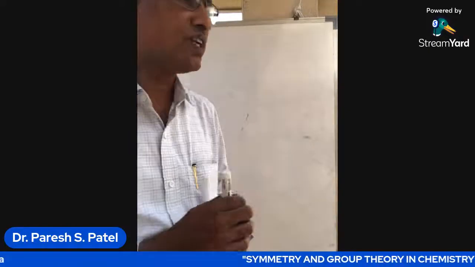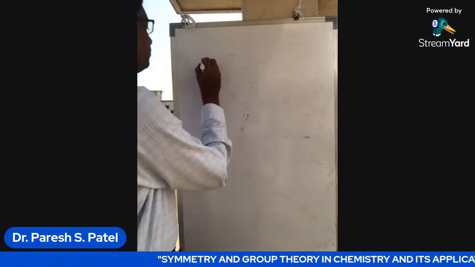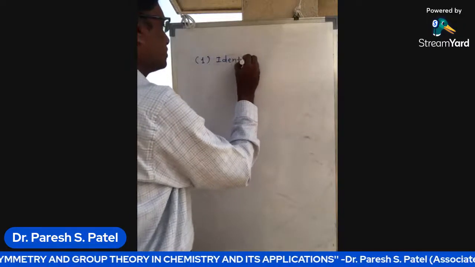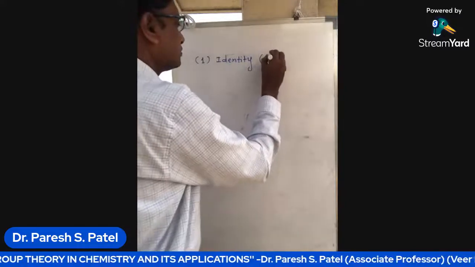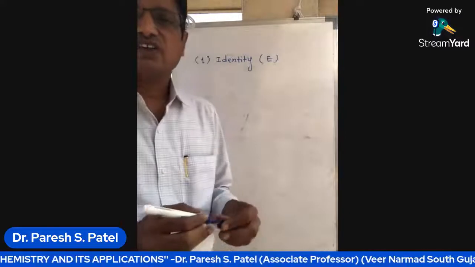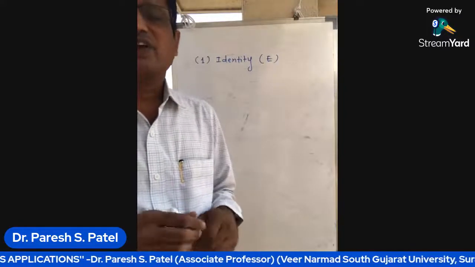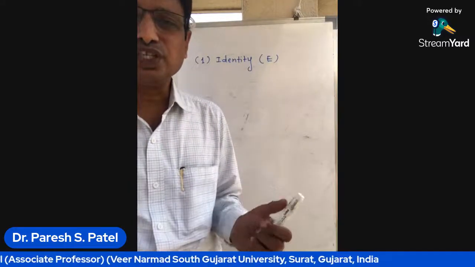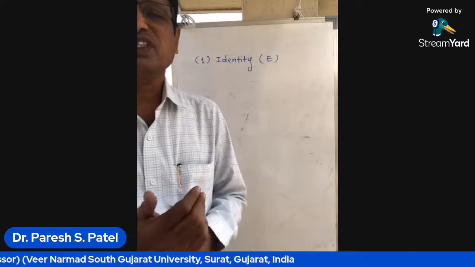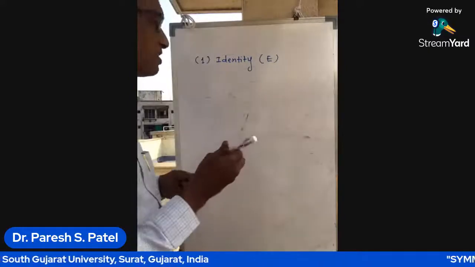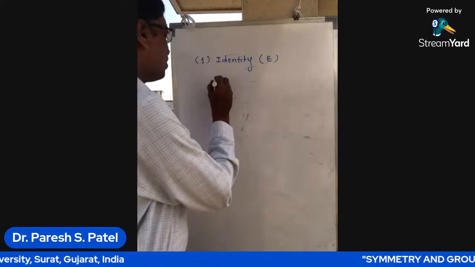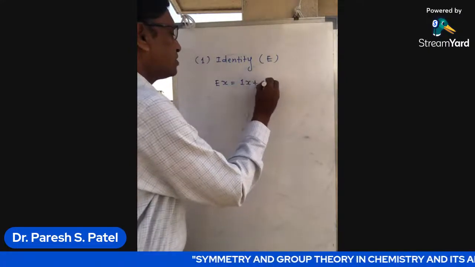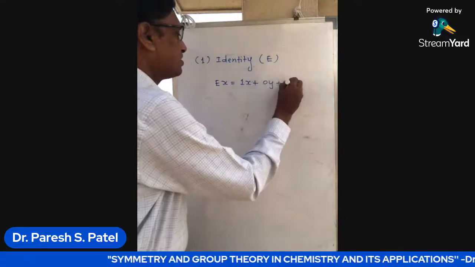So first one is identity. We already discussed that if we operate the identity symmetry operation on a molecule, there is no change in the position of the molecule. So we can represent this symmetry operation: E into x is equal to 1 into x plus 0 into y plus 0 into z.